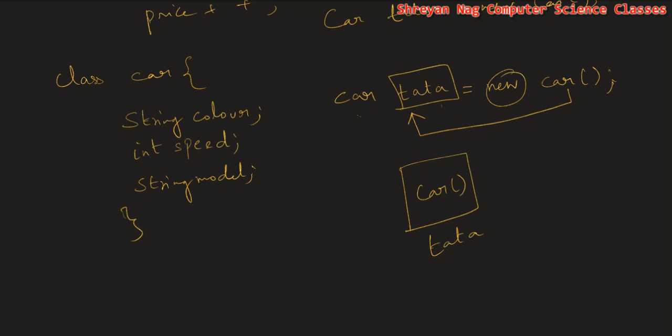Car is the class, and from Car we are creating an object, Tata. This is called instantiation. Instantiation is the creation of objects from a class, and when we are supplying some values inside the object, we are initializing it.